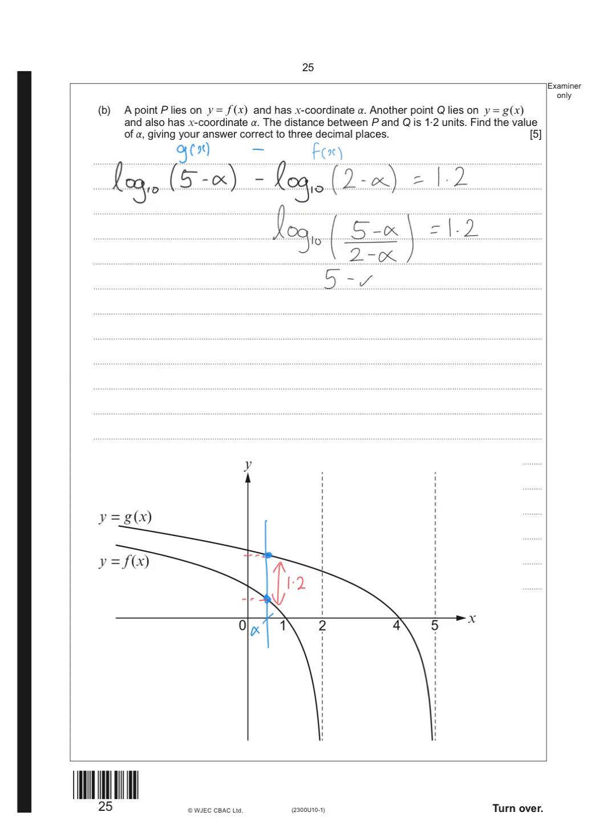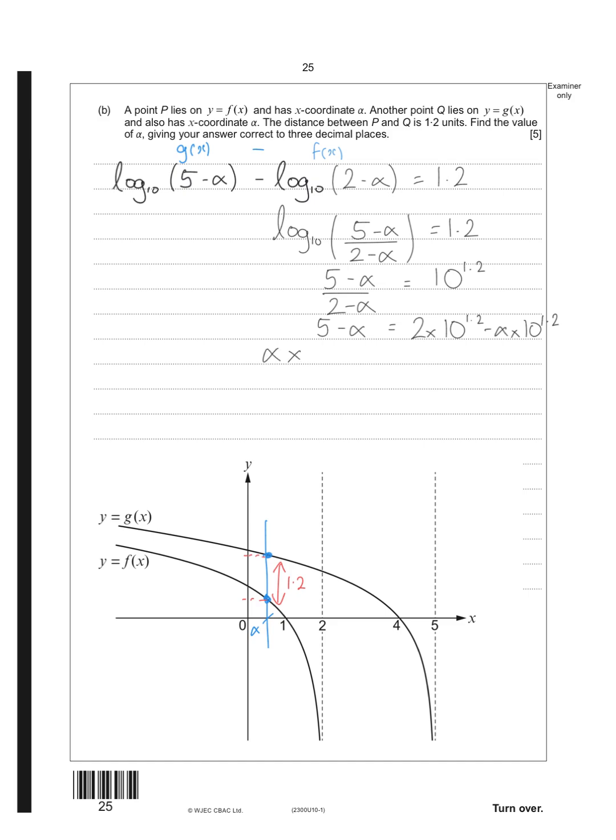Therefore, 5 minus alpha over 2 minus alpha, same as we did in the previous question, is 10 to the power 1.2. So I'm going to get now 5 minus alpha equals 2 times 10 to the power 1.2 minus alpha times 10 to the 1.2, and hopefully you can see where I'm going with this. I'm going to try and get all the alphas in the same place, all of the numbers on the other side, and then solve. So I'm going to bring all the alphas over onto the left.